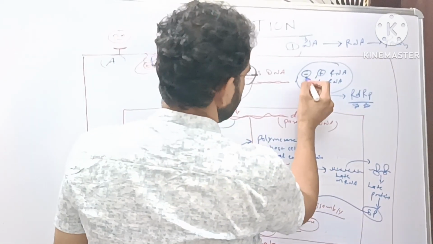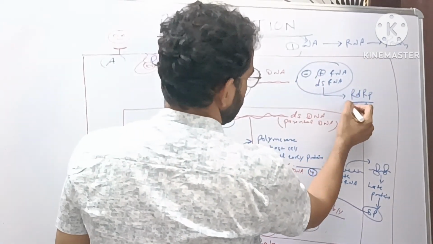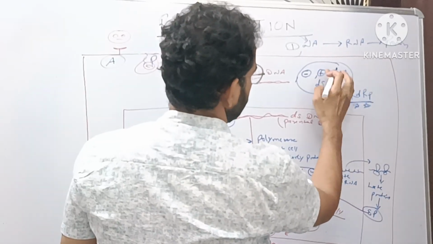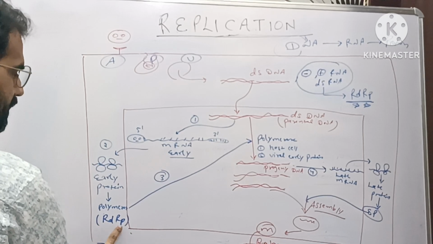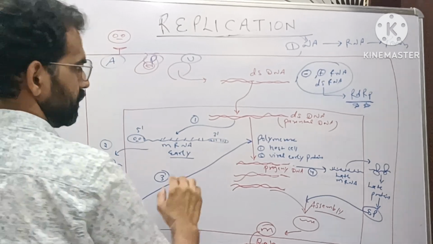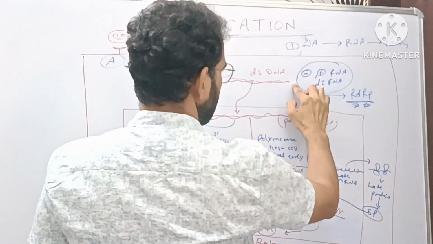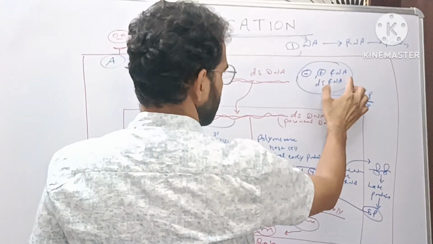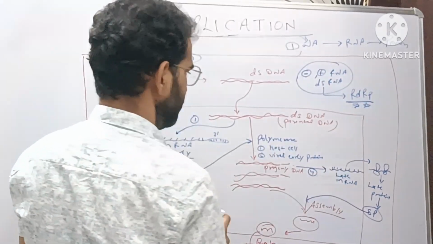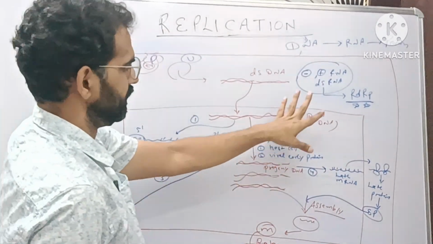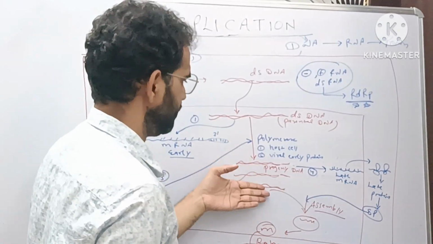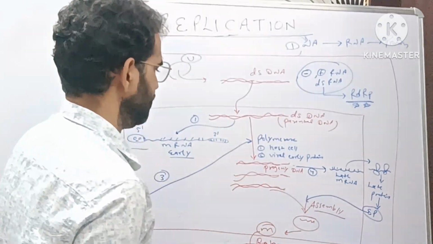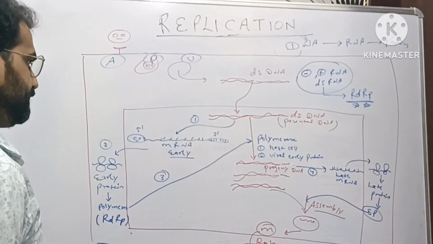For example, negative sense and double-stranded RNA viruses carry their own enzyme, but positive sense RNA viruses synthesize their RDRP here. As a result, all these RNA viruses make this enzyme, which helps in replication and in formation of structural proteins and multiple copies, and then assembly, maturation and release take place.